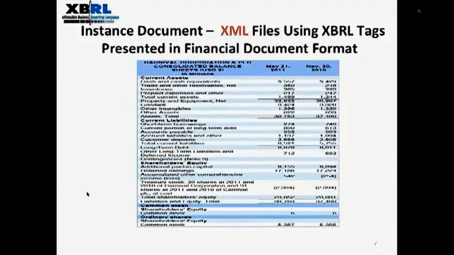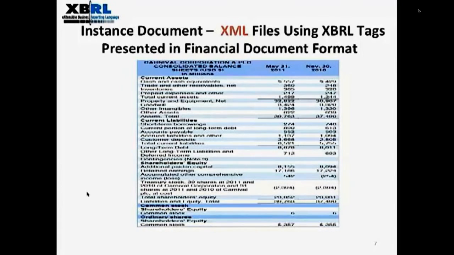First, let's look at the instance document. And what you're looking at is the Carnival Corporation's consolidated balance sheet. And this is the standard format that you're accustomed to when you look at your paper financial statements. Now, the actual source of this information is an XML file using XBRL tags.